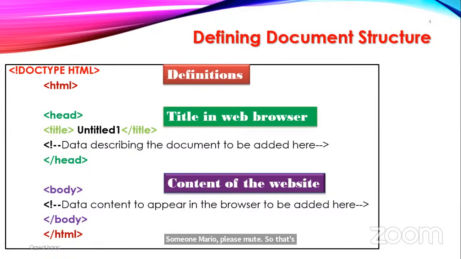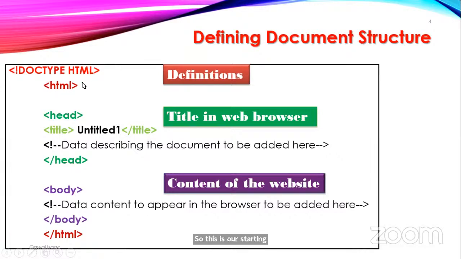Yes, so we have to use this greater than symbol and the less than symbol to make what we call a full tag. So in HTML, whenever you open any tag in your HTML document, you have to go ahead and close that tag. So this is our starting tag, HTML.